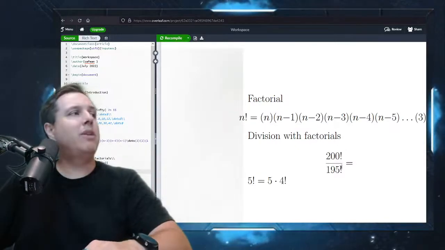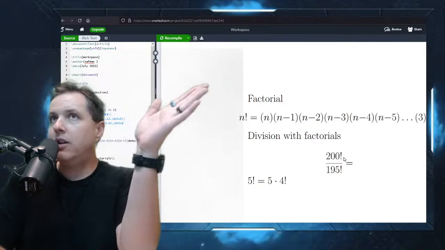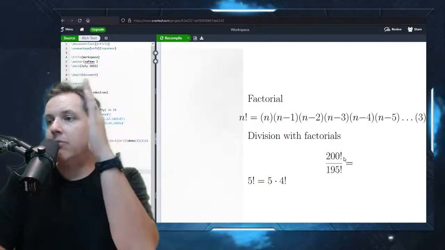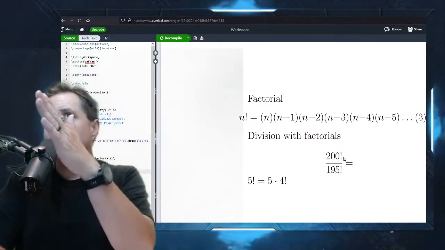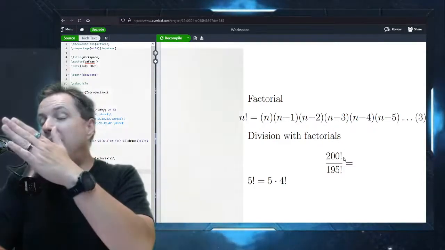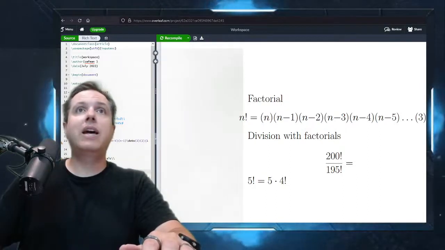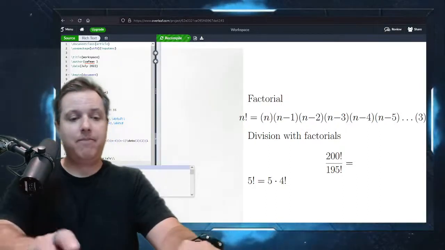Well, if you think about these numbers right here, 200 factorial is 200 times 199 times 198 times 197 times 196 times 195 factorial, right? So for instance, this, let me write that out in case you didn't catch all that.